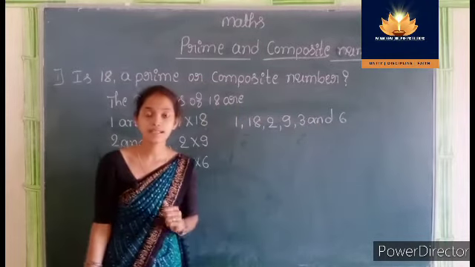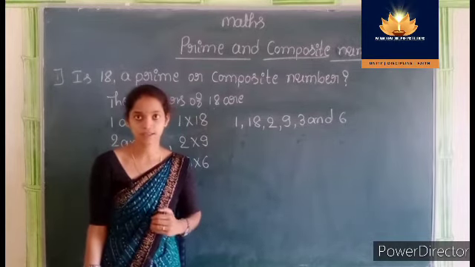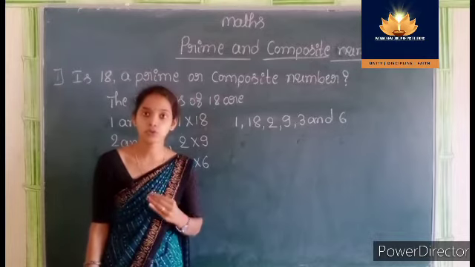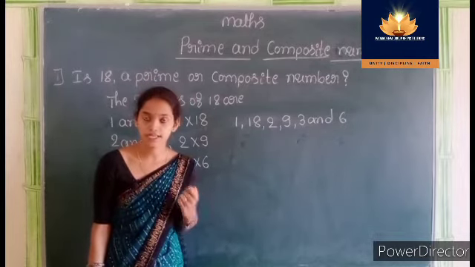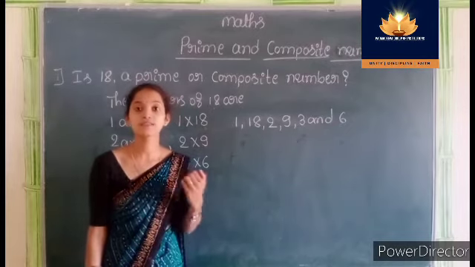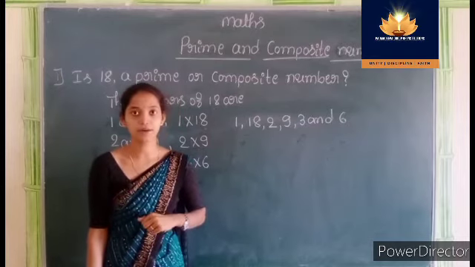There are 6 factors. 18 has 6 factors. If a number has more than 2 factors, then that number is said to be a composite number. So 18 has 6 factors. 18 is said to be a composite number.